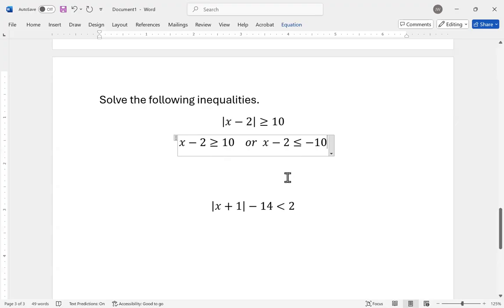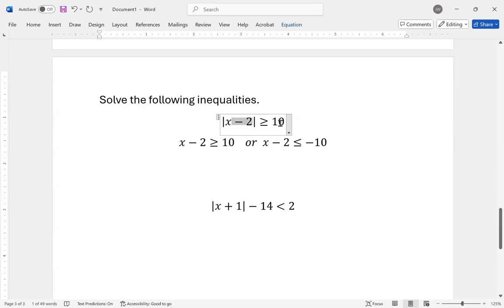I know that's hard to maybe fathom, but remember what the absolute value operation said to do. If the thing inside our absolute value is a negative number, then we take the negative of that. The opposite of that would be greater than or equal to 10.